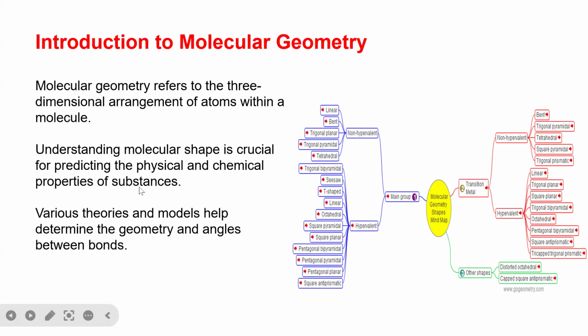Why do we need to understand the molecular shape of molecules? Because it is one of the contributing factors that predict the physical and chemical properties of a substance. By knowing how the atoms are arranged in the molecules, that will assist in determining how the molecules react as well as their physical properties.